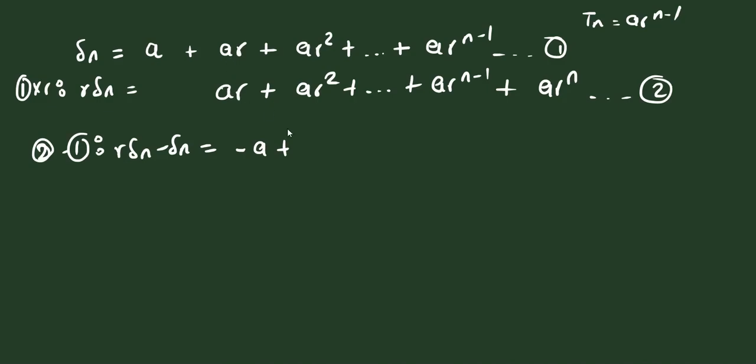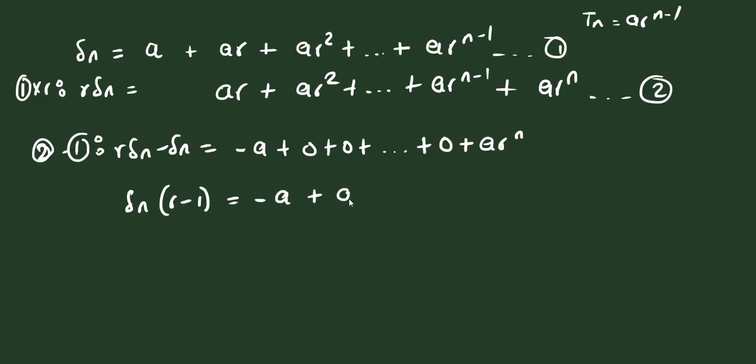Then here you're going to have 0, 0, 0 until the last term, and then plus ar^n, because ar^n minus 0 is ar^n. Now you can take out a common factor Sn. You have r minus 1. Then here you can rewrite it as negative a plus ar^n, which is ar^n minus a.